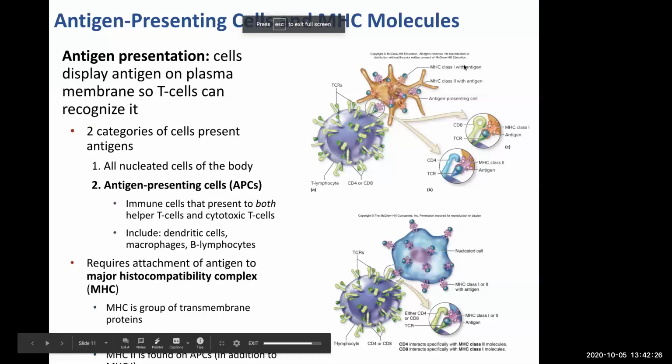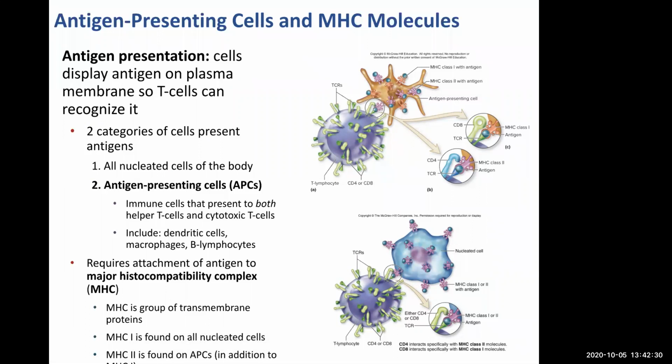Okay. So MHC. A lot of people have heard of the term HLA, right? Especially if you're someone who's ever read about bone marrow transplants, and you'll hear that they're looking for donors that are going to have HLA compatibility with recipients, right?